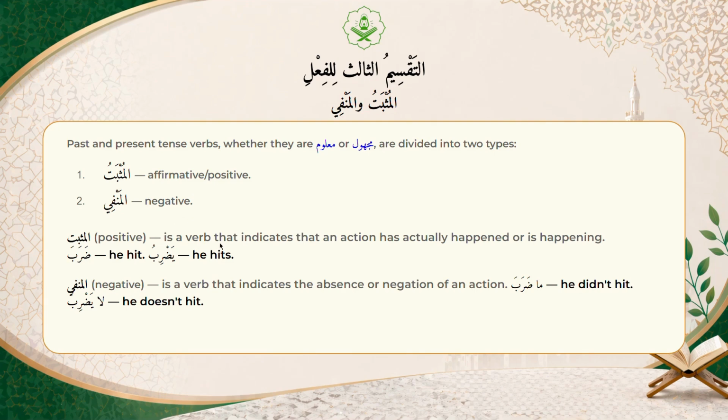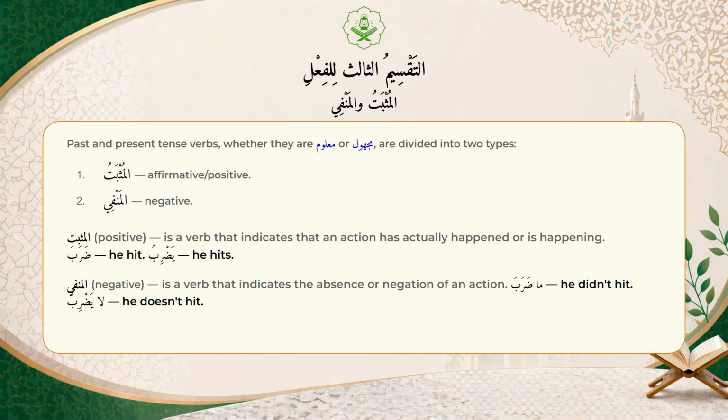Positive is a verb that indicates that an action has actually happened or is happening right now, like ضرب, he hit, or يضرب, he hits or he's doing it right now, right? منفي is negative, a verb that includes the negation of an action.